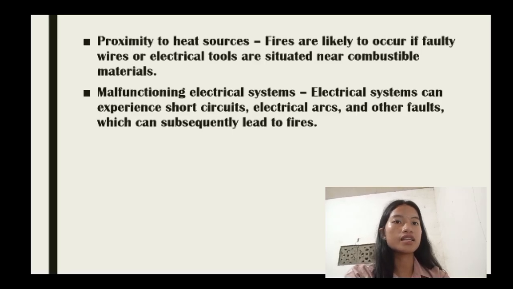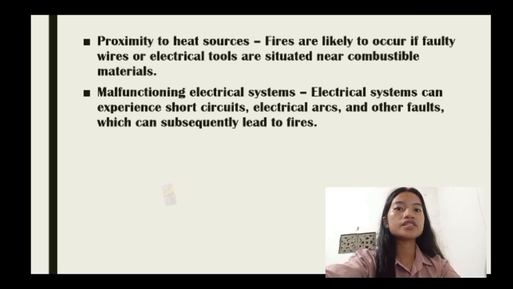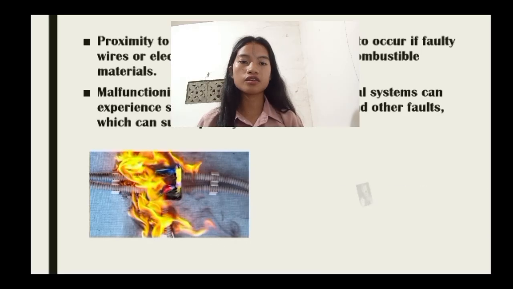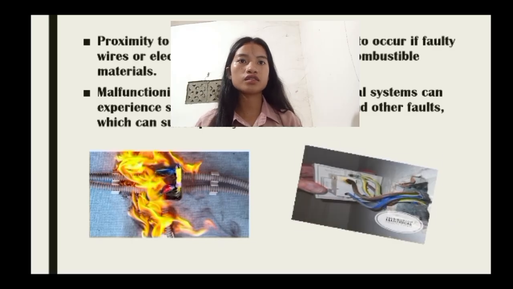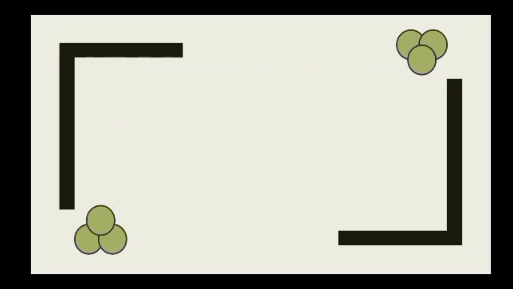Electrical systems can experience short circuits, electrical arcs, and other faults, which can subsequently lead to fires. And this picture shows examples of proximity to heat sources and malfunctioning electrical systems. And those are the common causes of electrical fire.